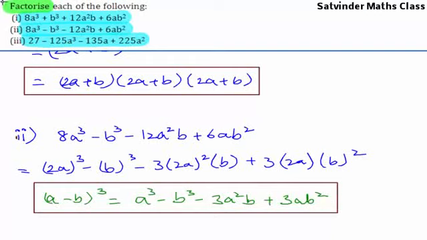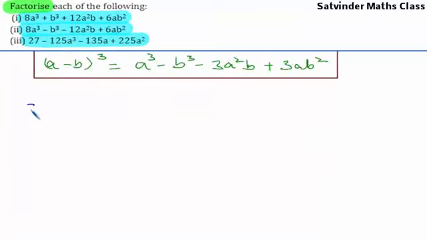Now let us compare the right hand side of this identity with what we have obtained. In place of a, you have 2a and in place of b, you have b.